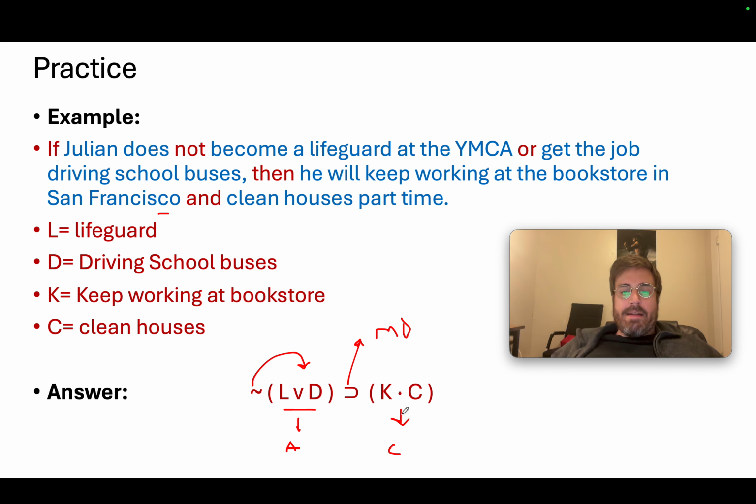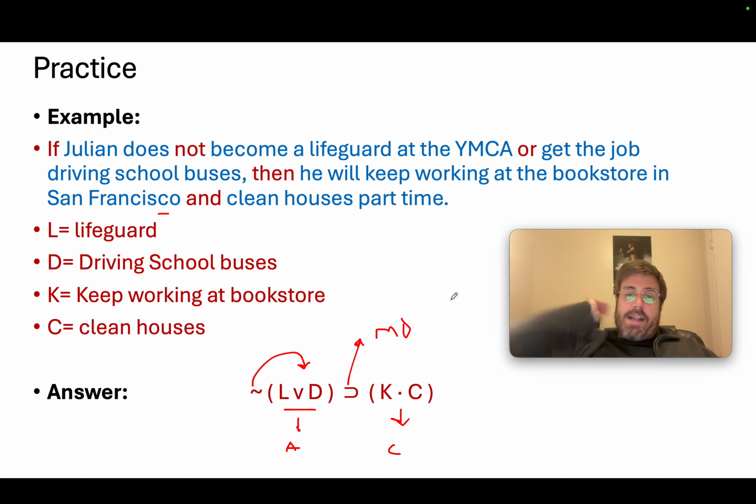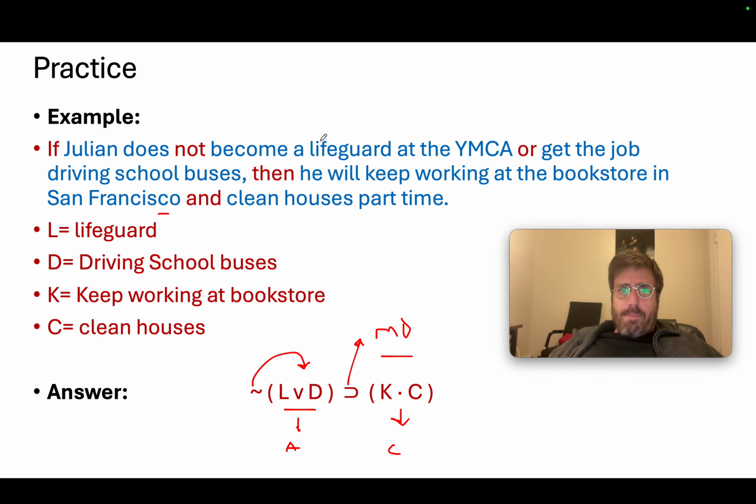So we're going to offset that in parentheses, around which we have K and C. So this full thing reads, if it is not the case that either L or D, then both K and C. So that's really how we would reduce and formalize this sentence into propositional standard notation, with our logical operators functioning as connectives, and with horseshoe in particular serving to indicate our main operator, which is really the if-then component of the sentence. So that can be pretty tricky.